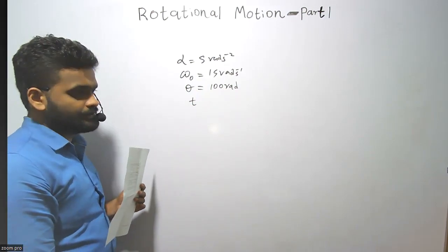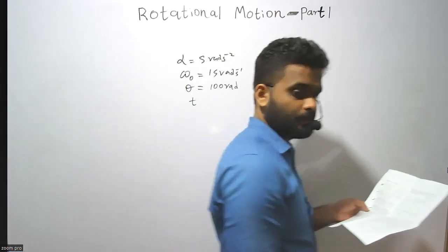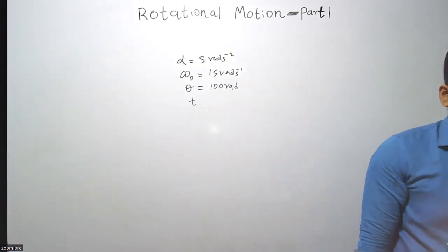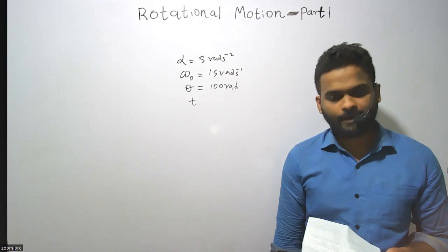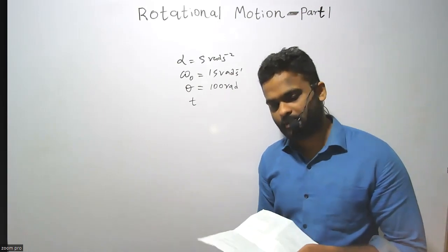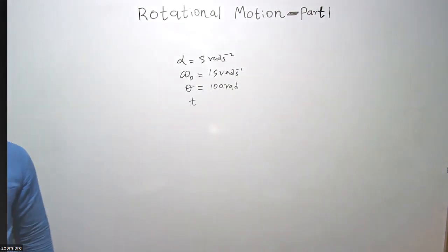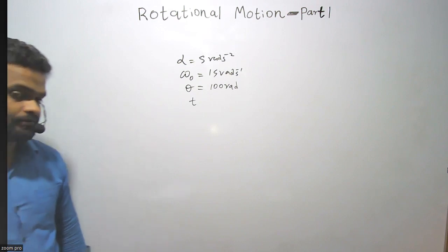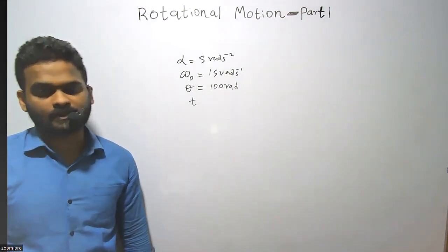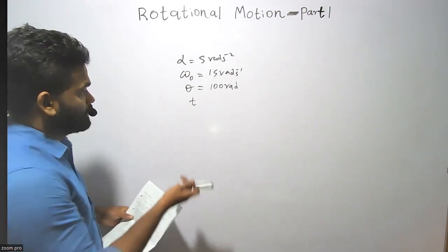So when you see this, you should remember the equation S equals ut plus half at squared, right? If you quickly remember that, you have enough skills from doing linear motion, right?